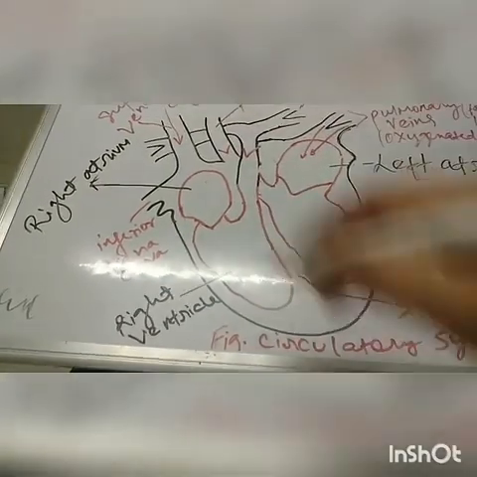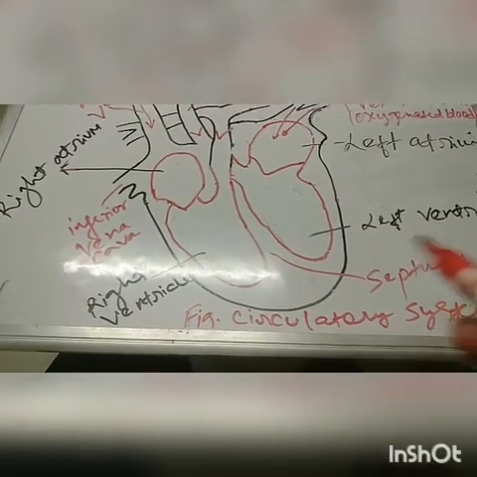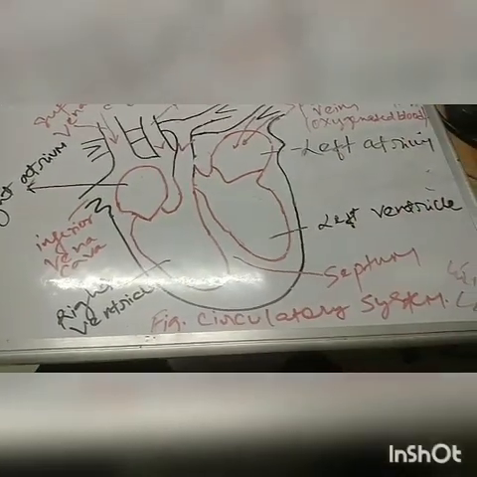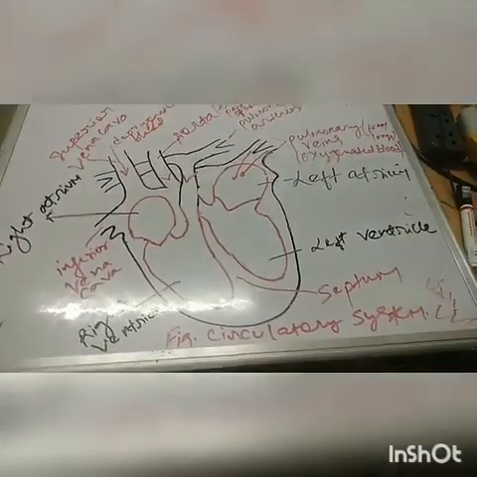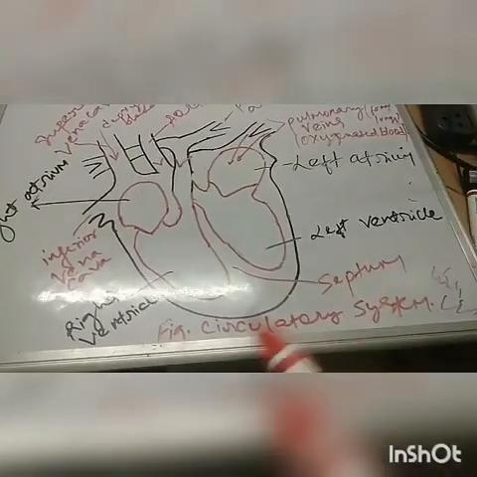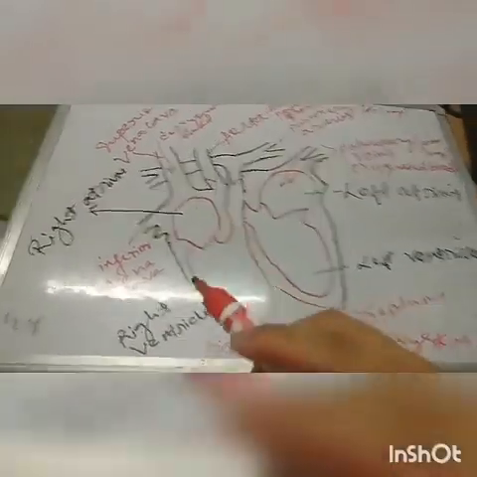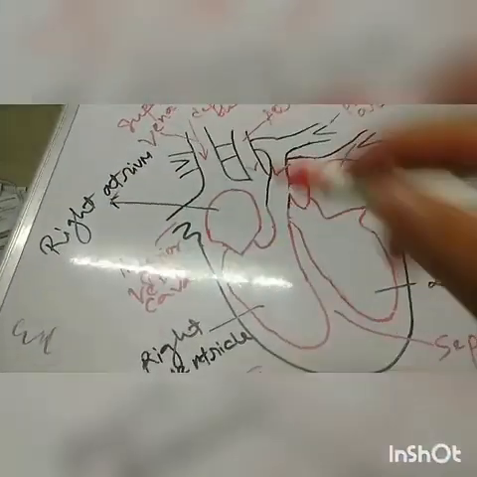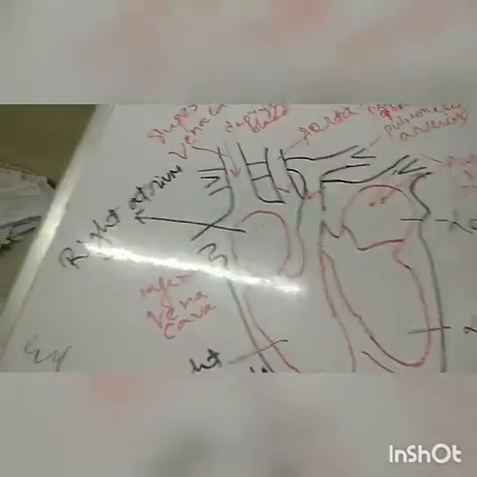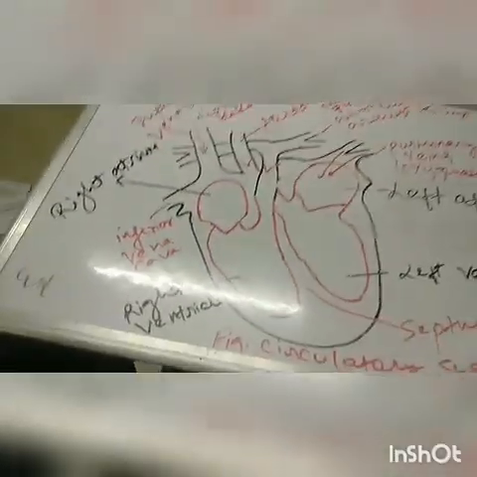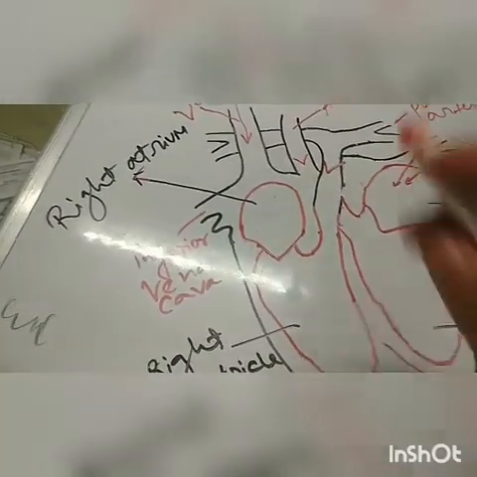If you draw this diagram in a very systematic way, the teacher who checks your answer paper will give you good marks, right? So now let us go to the circulatory system and I will explain. Pay attention properly. All these things are very complicated, so you need broader attention.